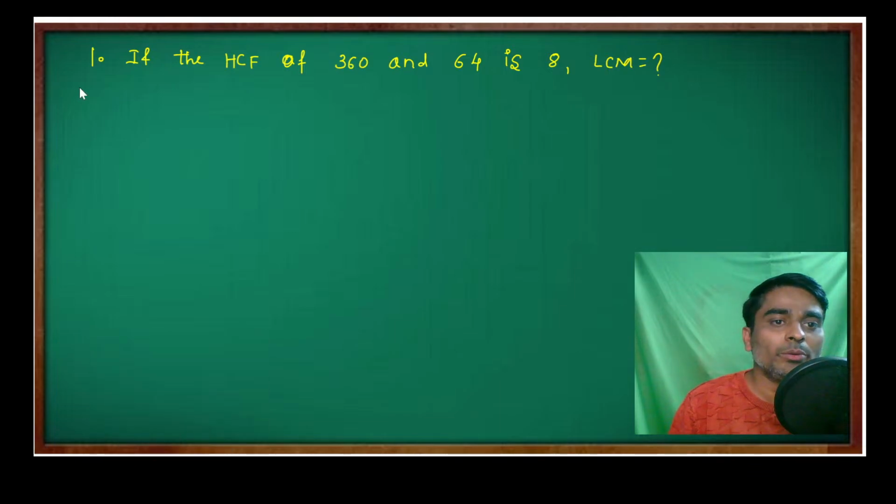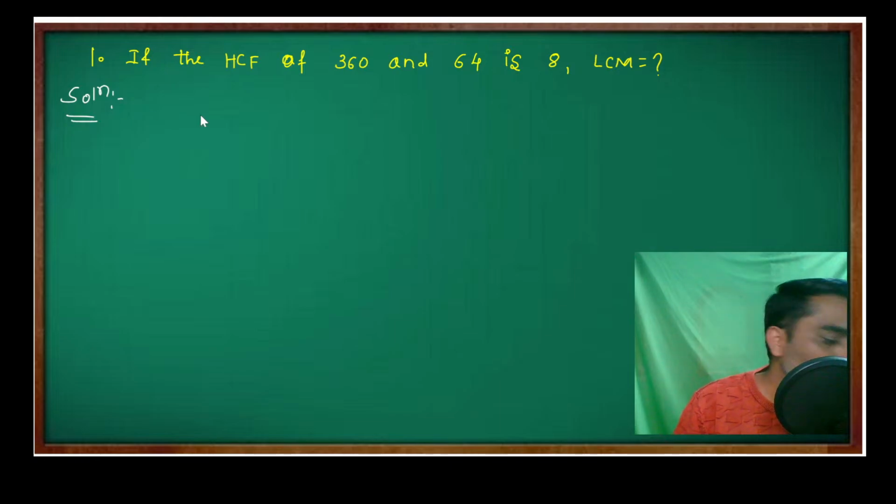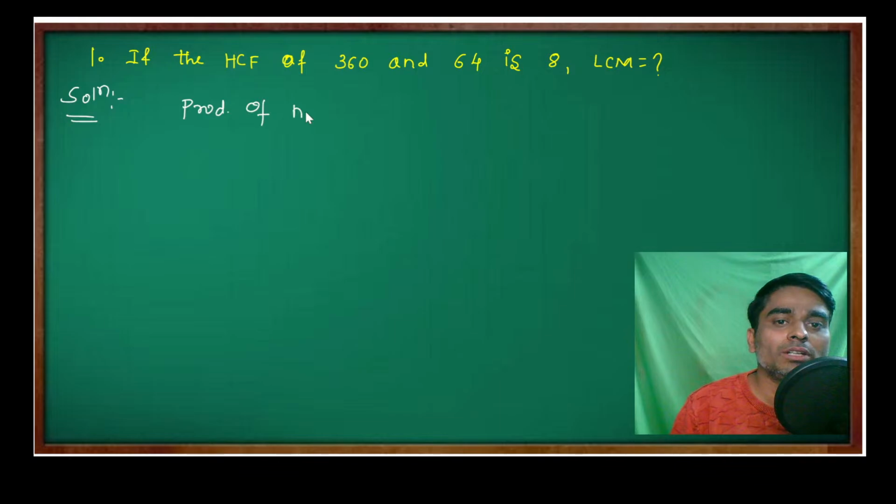Very simple. First you should know the relation between HCF and LCM. This is from the first chapter, real numbers. The product of the two numbers will be equal to LCM into HCF.